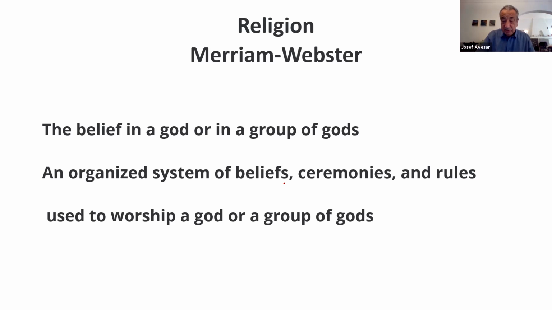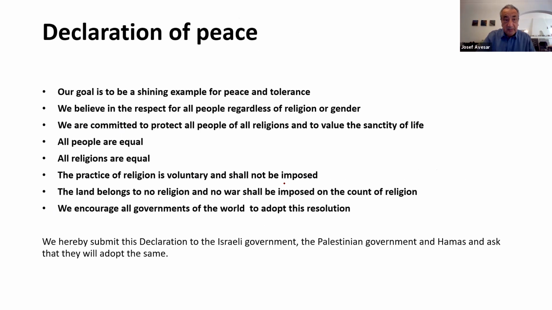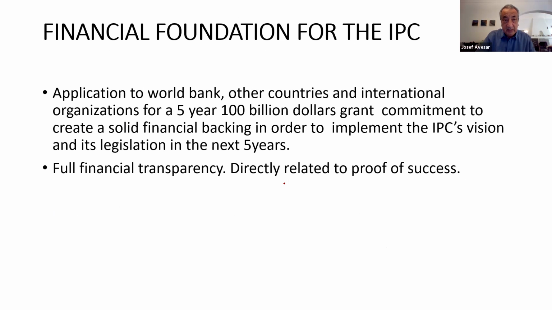Okay, but here is the next legislation regarding funding: financial foundation for the IPC. We are applying to the World Bank and other countries and international organizations for a 5-year, $100 billion grant commitment to create a solid financial backing in order to implement the IPC's vision and its legislation in the next 5 years.